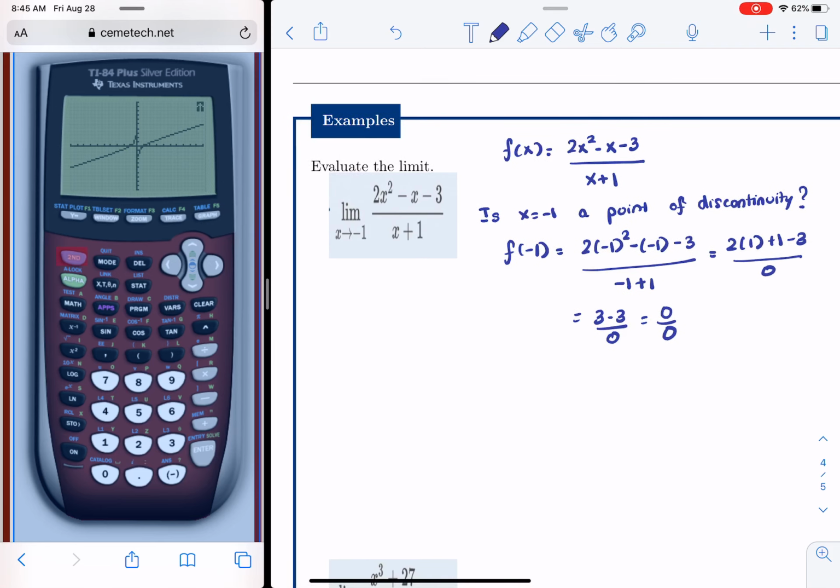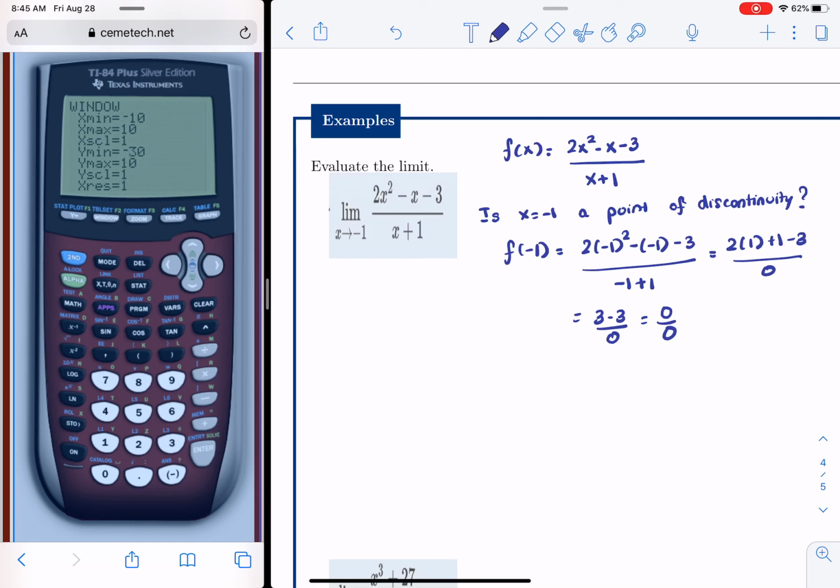Now, 0 over 0 is not undefined, rather it is an indeterminate form. Graphing this, it doesn't seem like the function has a break, but let's narrow the window a bit more, or zoom in.